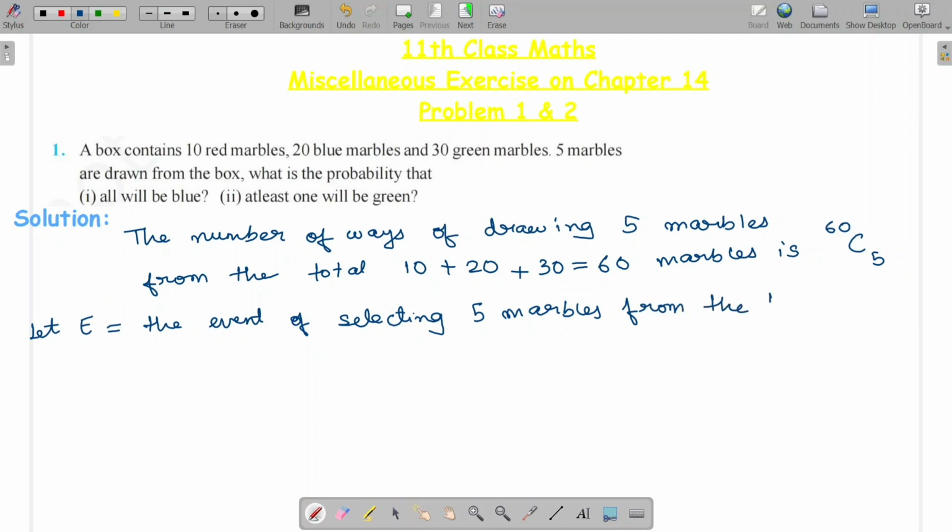Therefore the number of elements in this set will be equal to the number of ways of drawing 5 marbles, right? Because you will have different ways of drawing the 5 marbles from the 60, this number of elements in the set E will be nothing but 60C5. Okay, right.